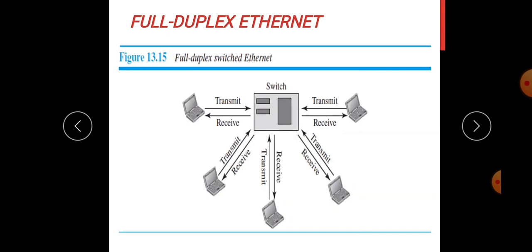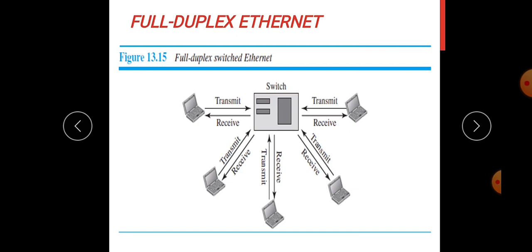Full duplex Ethernet. One of the limitations of 10Base5 and 10Base2 is that communication is half duplex. A station can either send or receive but may not do both at the same time. The next step in the evolution was to move from switched Ethernet to a full duplex switched Ethernet.